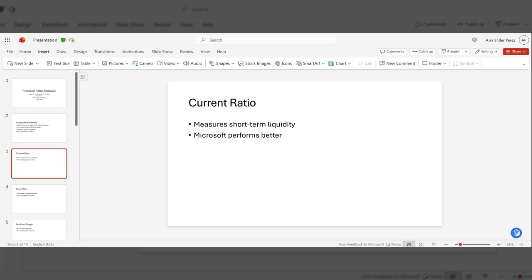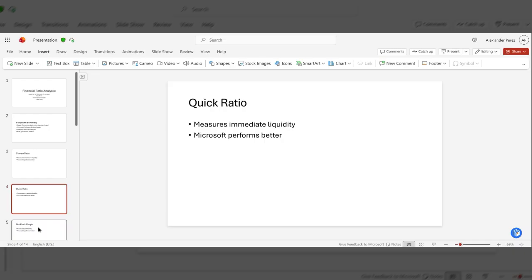The current ratio measures a company's ability to pay short term obligations, and Microsoft performs better, indicating stronger short term financial stability. Slide 4, we have quick ratio, which measures immediate liquidity. Microsoft also performs better. The quick ratio excludes inventory and focuses on immediate assets. Microsoft's higher ratio shows greater financial flexibility.